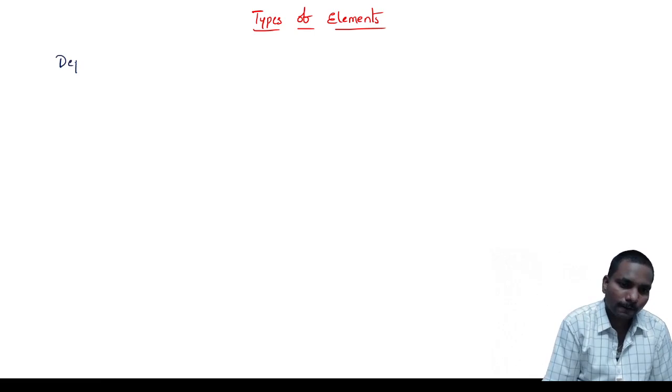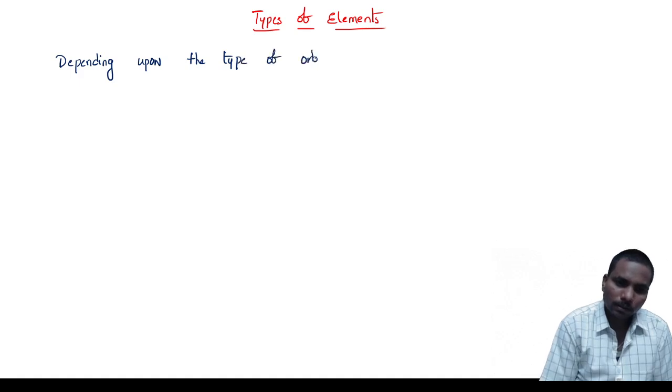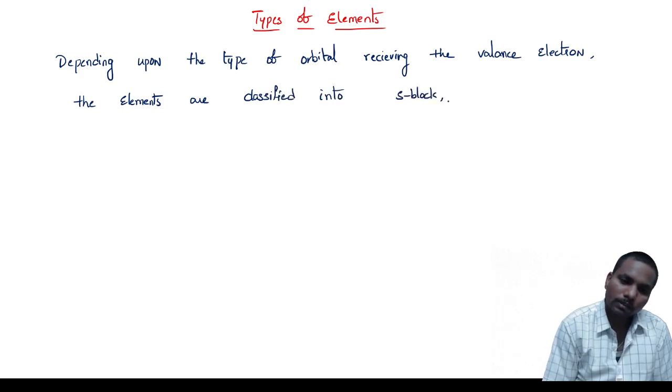Depending upon the type of orbital receiving the valence electron, the elements are classified into S block, P block, D block, F block.